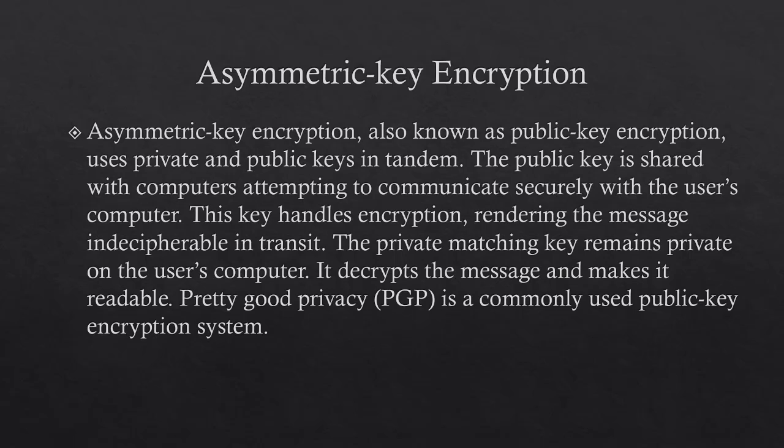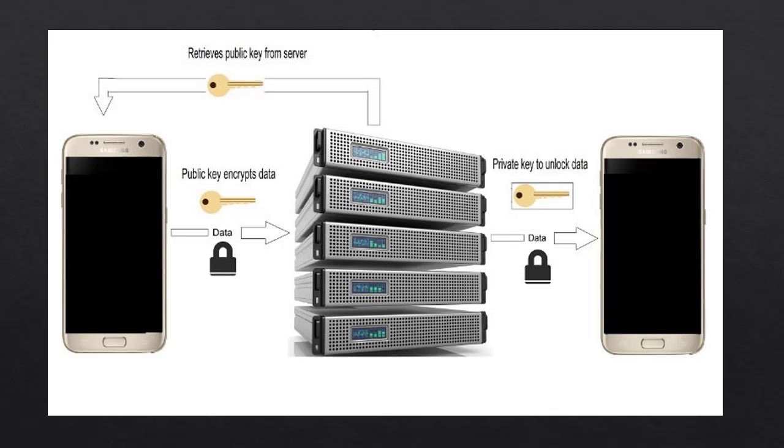Now understand what public key encryption, or asymmetric encryption, is. Suppose this is a website. If you want to communicate with the website, what will you do? First, you will receive a public key from the server. After getting the public key, you will encrypt the data with the help of that public key and send it to the server.